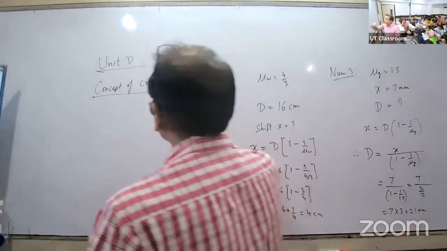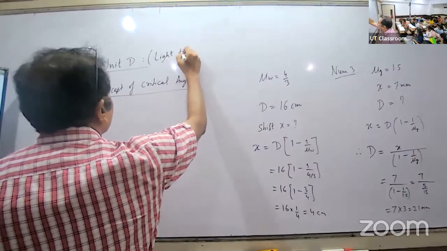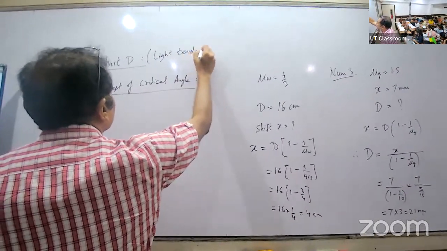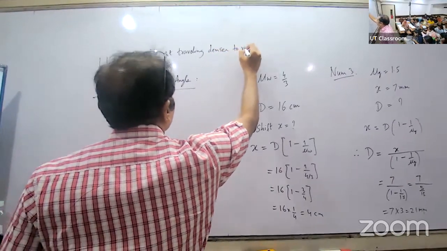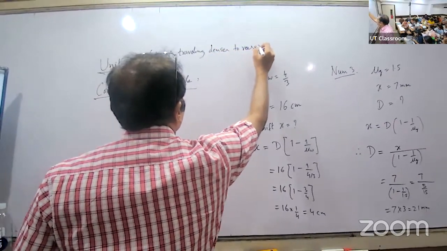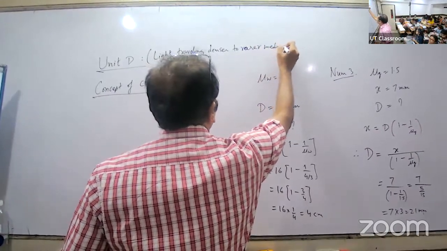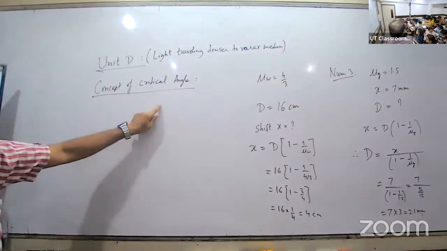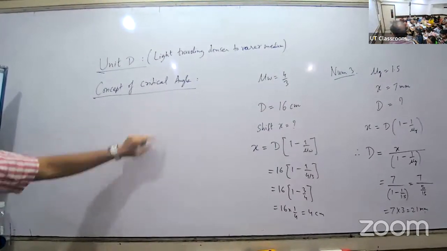Okay, so unit D, light traveling denser to rarer. All these concepts are applicable only when light is traveling from denser to rarer.